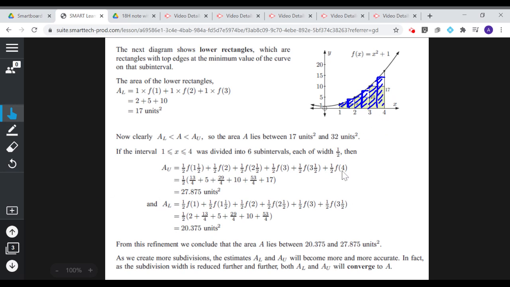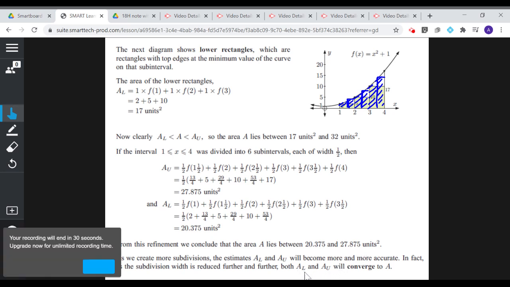So if I cut all of those areas in half, then I'm getting an area, and I did that to the upper rectangles on the previous slide and the lower rectangles on this slide. Now I'm getting an estimate between 20.375 and 27.875. That's better. And you can imagine that if I cut them in half again and cut them in half again, the smaller I made the base of my rectangles, the closer and closer my estimate would be.